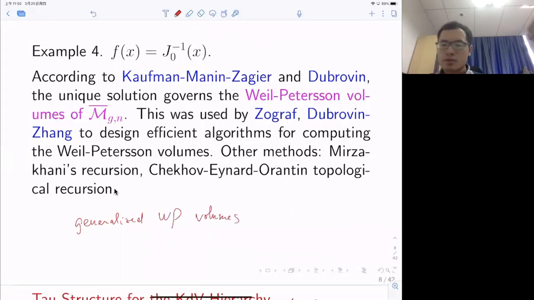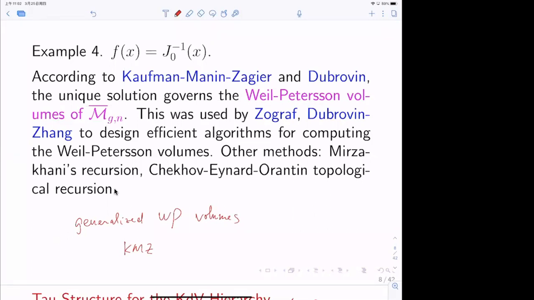This is also due to Kaufmann-Manin-Zagier. So the answer is that the coefficients of times in the log tau are also given by some intersection numbers, which are called generalized Weil-Petersson volumes.